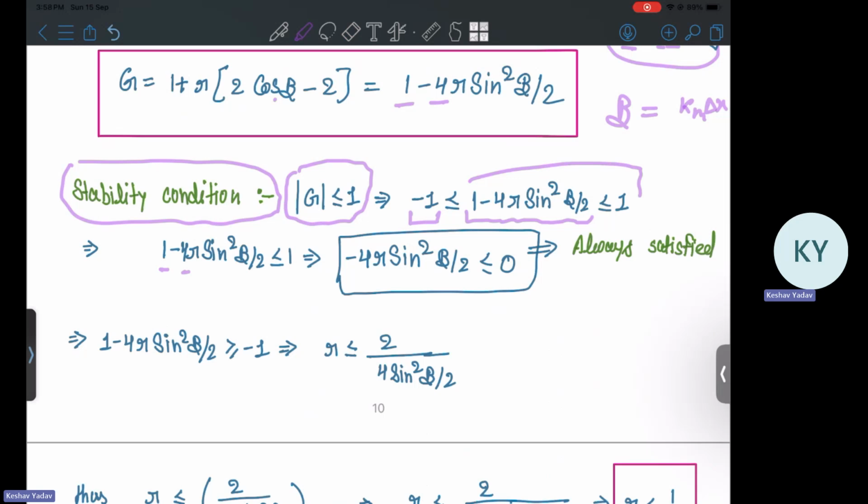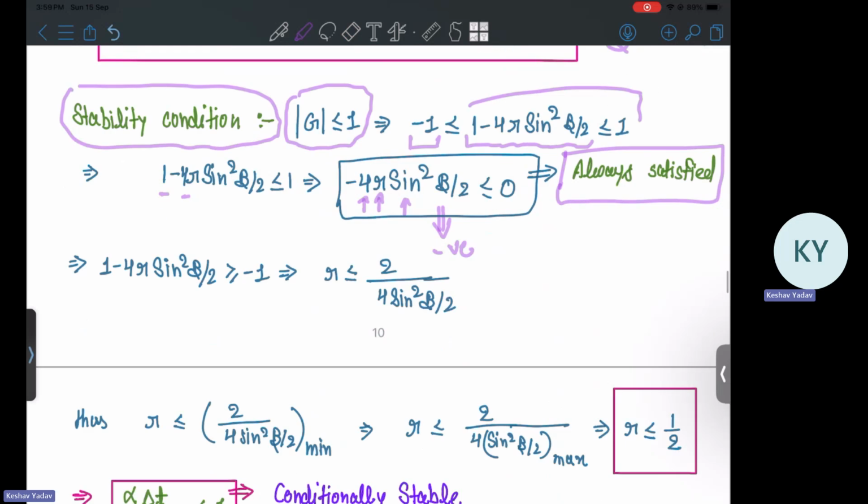This will lead to 4 r sine square beta by 2 greater than or equal to 0. Here 4 is positive, r is always positive, and sine square beta is always positive. So this term is always greater than or equal to 0, and this condition is always satisfied.